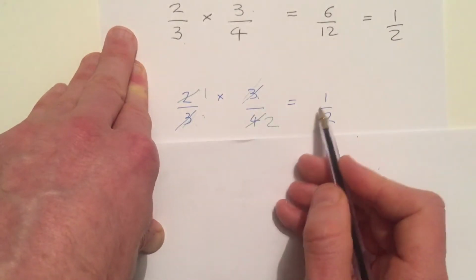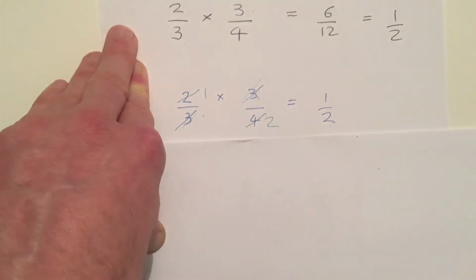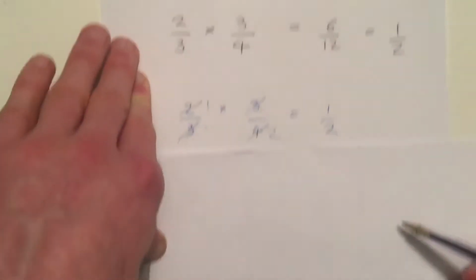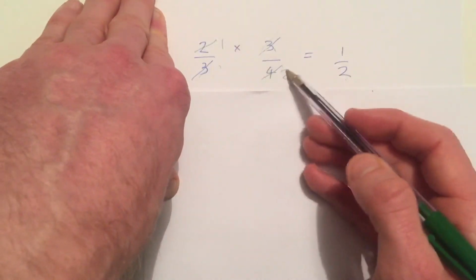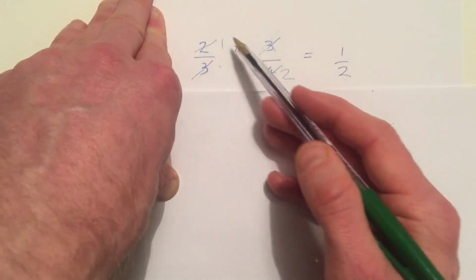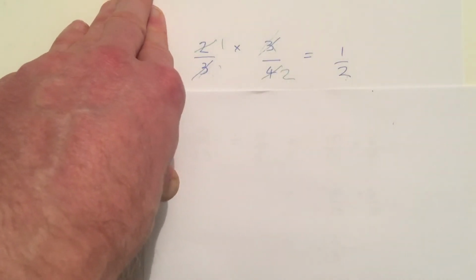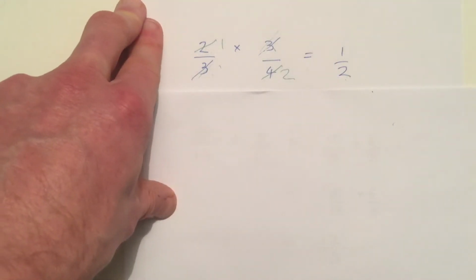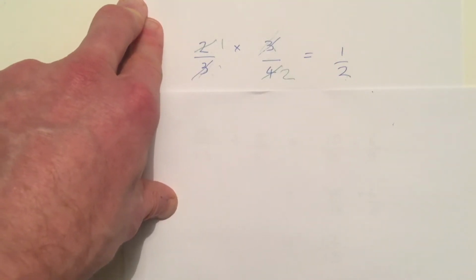So just by cancelling, we get straight to our 1/2. We didn't need to do any multiplying or any simplifying. We could just cancel, so 2 and the 1, cancel, and we get left with 1 over 2. So this idea of cancelling common factors can save you a lot of time.